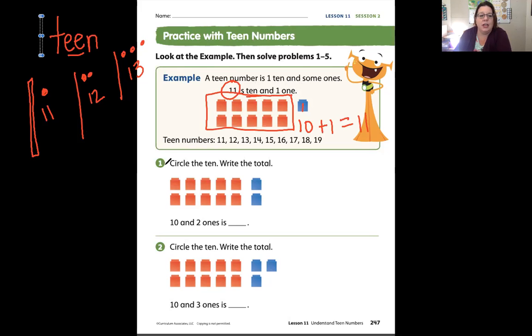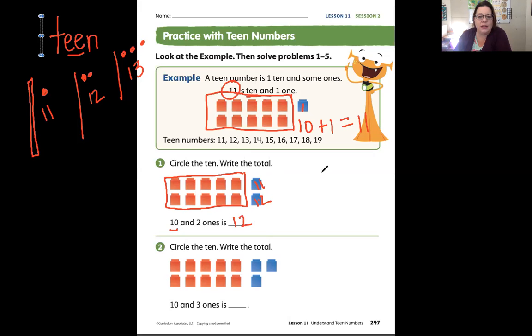11. Number 1 says, circle the 10, write the total. Now again, remember, just like I have 5 plus 5 equals 10, 5 fingers, 5 toes, right? 5 fingers, okay? I have 10. 10 and 2 ones is 10, 11, 12, right? Equals 12.